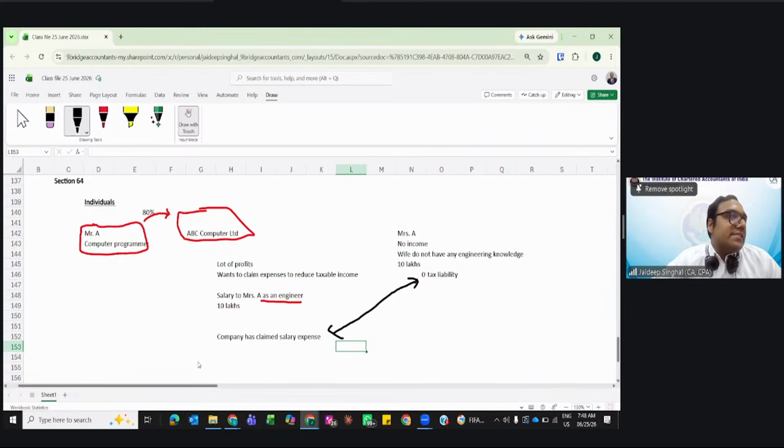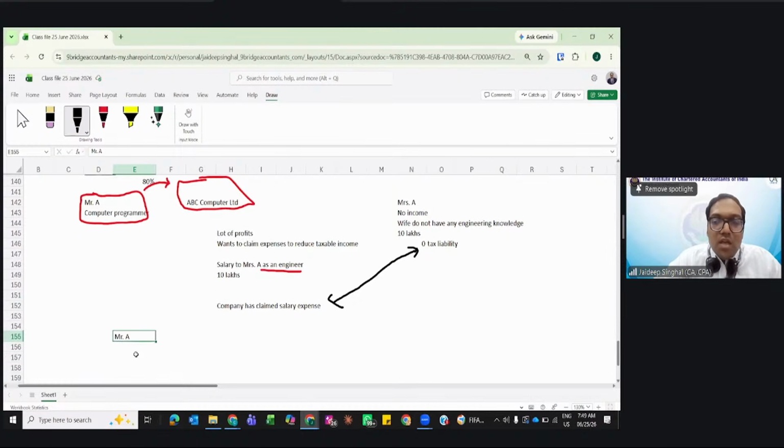Now in this case, is this planning possible in a simple company? The answer is no. If Mr. A is the owner, then this planning is possible. Mr. A was owning a substantial interest in the company.